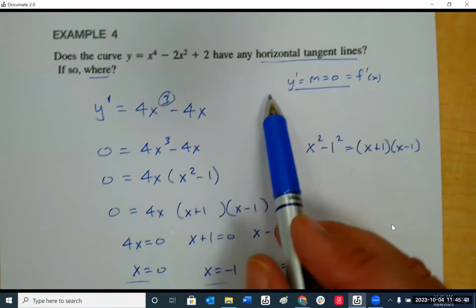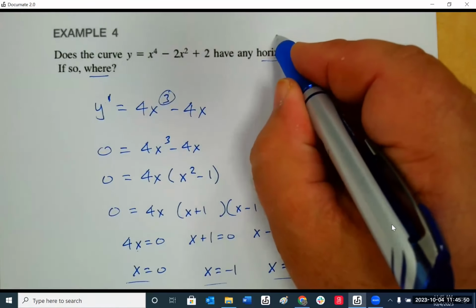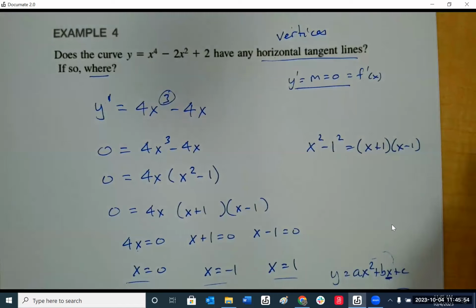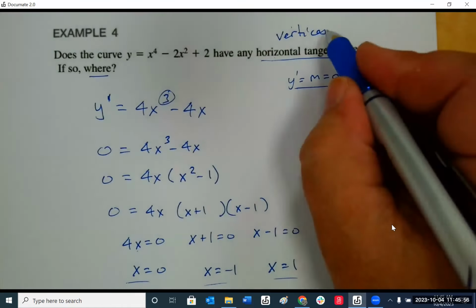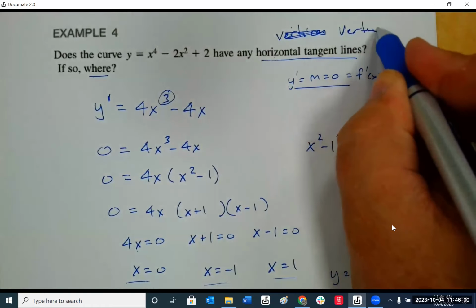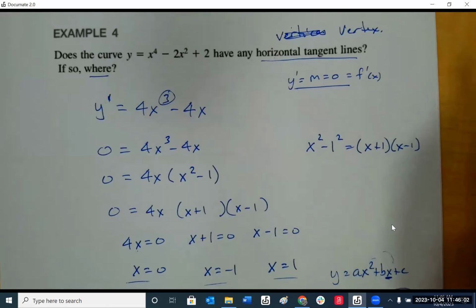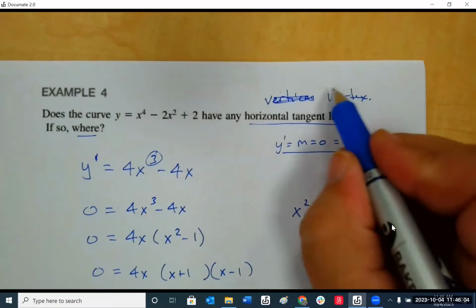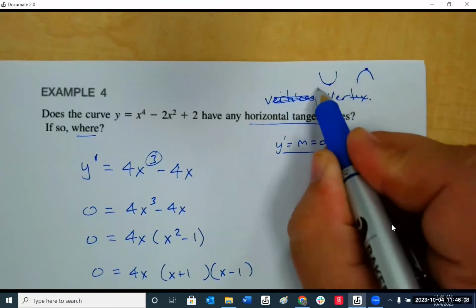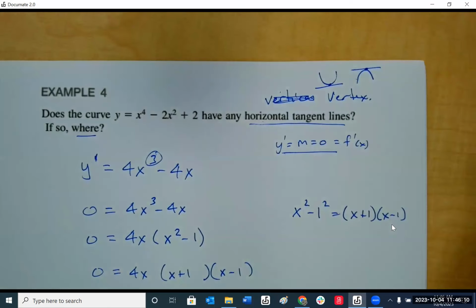But what this question is basically asking is to find any vertices or any vertex. Remember, a vertex is either the highest or the lowest point where the slope is 0.